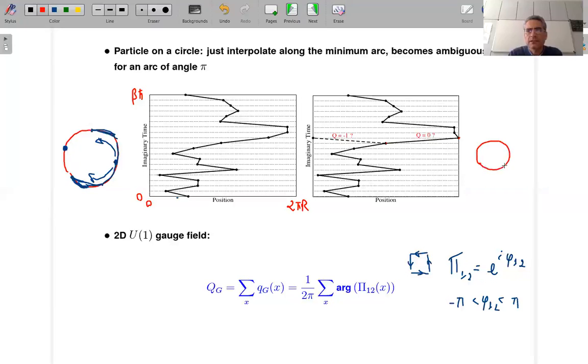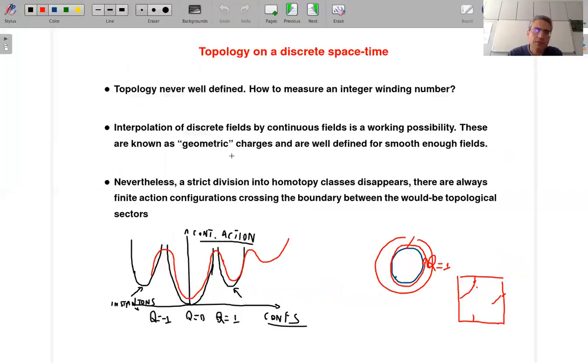As you make the interpolation, in order to decide what is the interpolation that you use to define the winding number, you can make either this way, or this way, and you will obtain a difference in the topological charge by one unit. So in some sense, this configuration with two points sitting opposite to each other on the circle is a configuration which on the lattice sits at the boundary here.